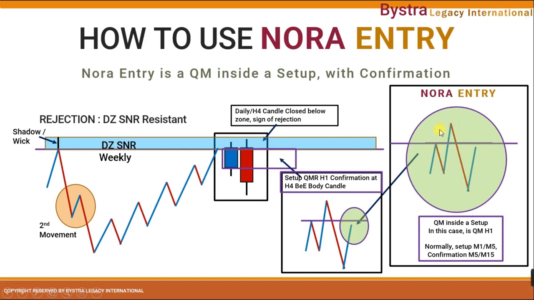Let's say this is an M1 setup. The confirmation of this setup will be a bearish engulfing on the M5. If this is an M5 setup, then the confirmation of the bearish engulfing will be on the M15. And guys, remember, the setup has to be at the body of the confirmation. Easy, isn't it? I will show you this later at the end of the course with the real chart.